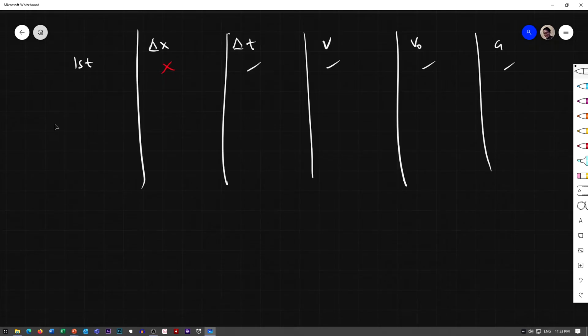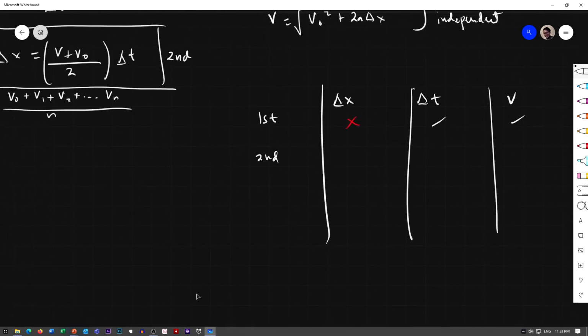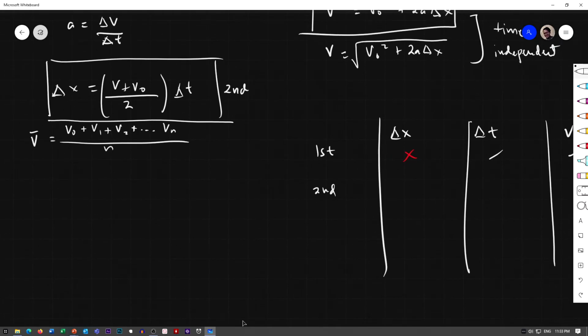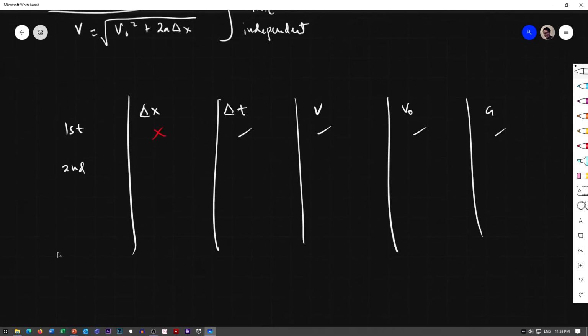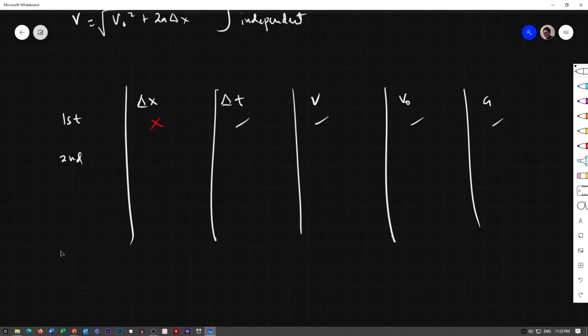So for our second equation, usually it looks like this. So you have delta x, v sub 0, and delta t.